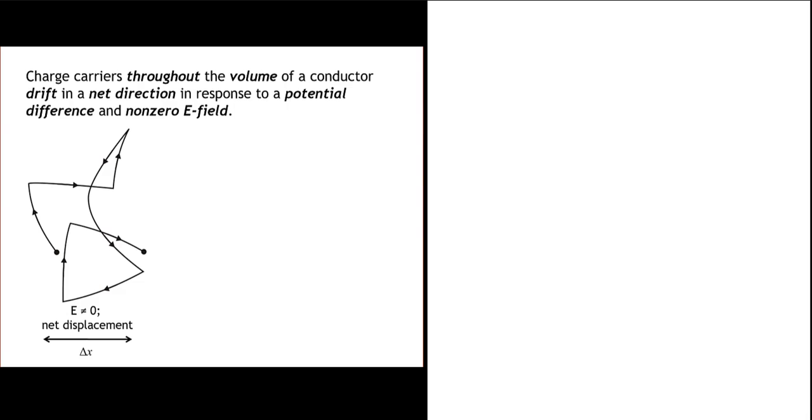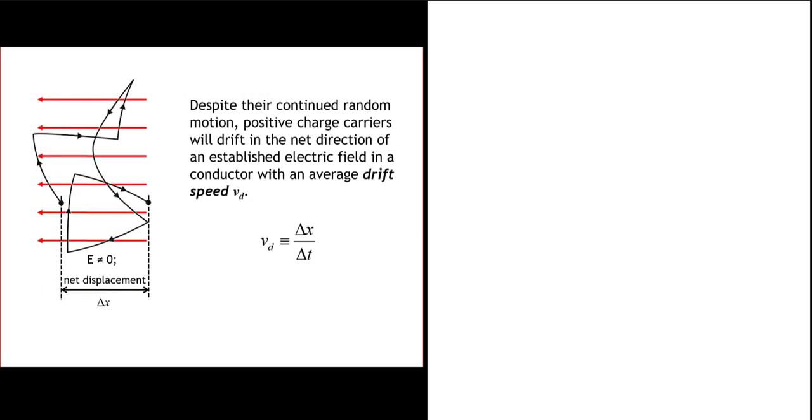So even though we have a large number of random motions, the presence of that electric field gives a net direction for those charge carriers to move.